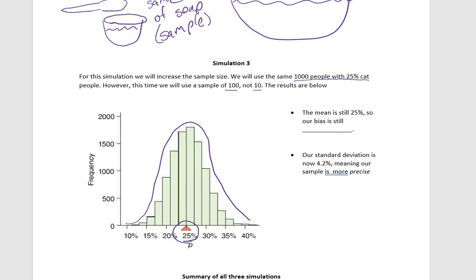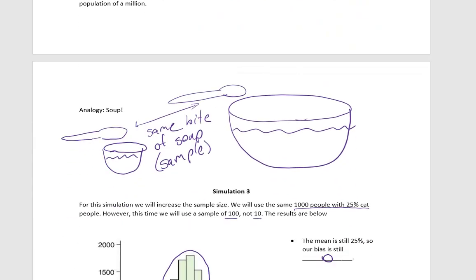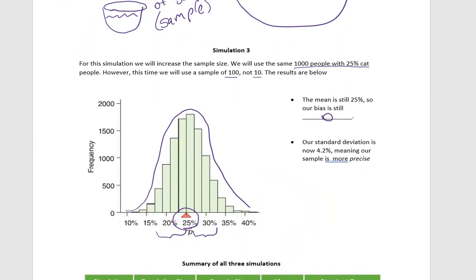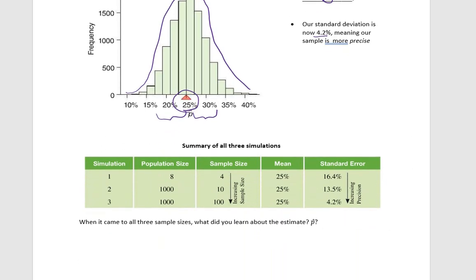What that means is that our bias, or how much most of our samples are off from the true population, is still 0. Now the cool thing is that our standard deviation, aka our standard error, has dropped down significantly. So instead of our samples being off by probably 13%, on average now they're going to be off by only 4%, which means our sample is more precise.